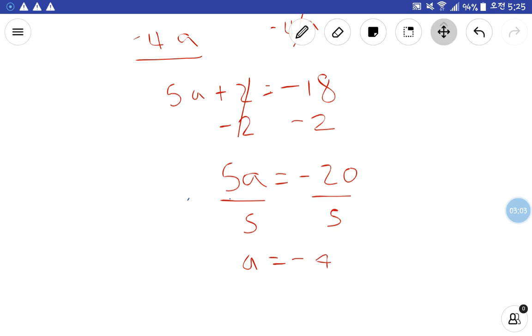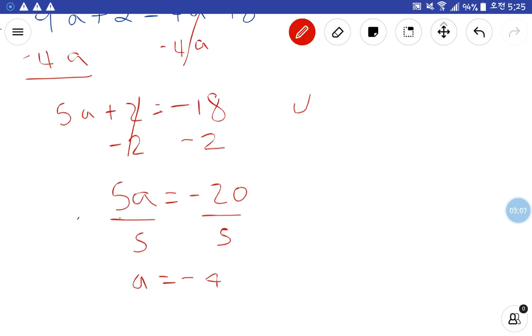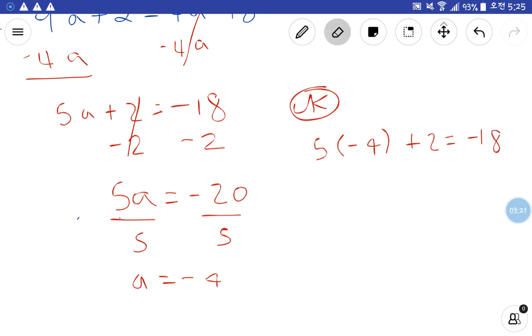How can we check it, guys? You should remember how to check. We have to plug negative 4 into the letter a. 5 times negative 4 plus 2 should be exactly the same as negative 18. If you don't have it, I'm sorry, that's not our original equation.